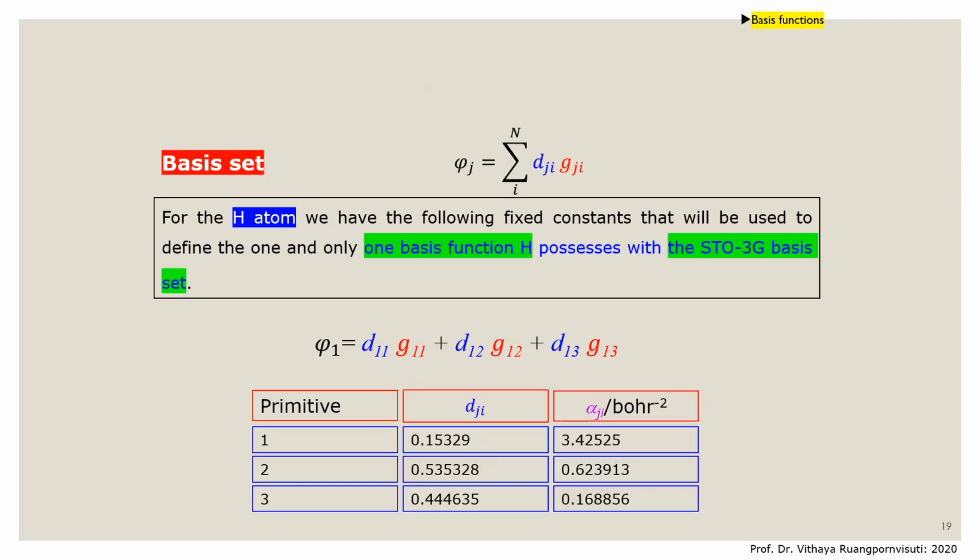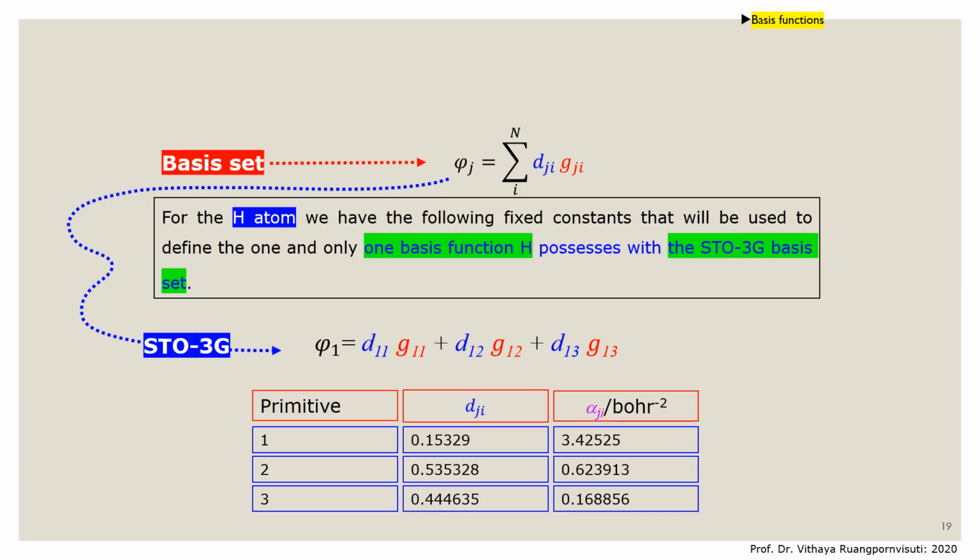The basis set is used to calculate the atomic orbital phi j as the linear combination of the primitive Gaussians.